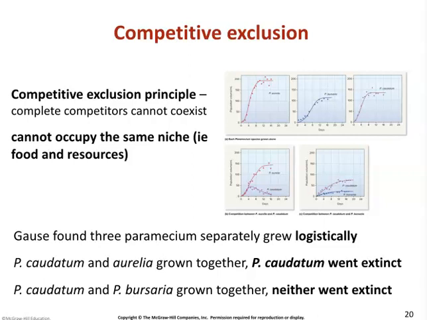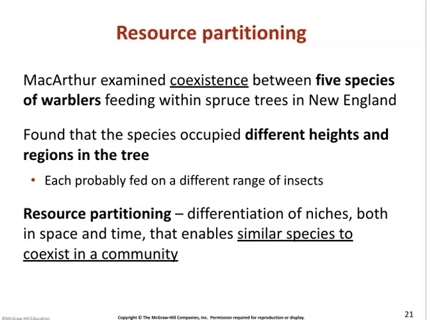When we looked at Caudatum with Bursaria, neither went extinct, but they both had lower fitness because they were in the same area, but not exploiting the same niches. They may be using different food or different resources. This is known as coexistence. And the reason we can see coexistence is, as MacArthur points out, through resource partitioning. He watched 5 warbler species in New England and found that they occupied different heights or regions of a tree.